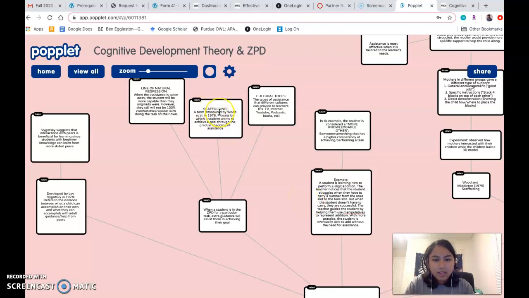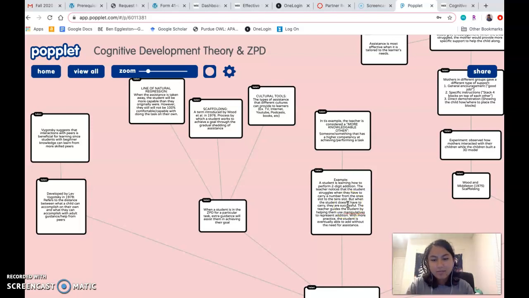Also, the term scaffolding comes into play. Scaffolding is a term introduced by Wood et al. in the year 1976, and it is a process by which a student works to achieve a goal through the gradual shedding of assistance. So, say the student has the teacher there with them to help and has the manipulatives. Then the teacher sees, hey, the student's doing pretty well.